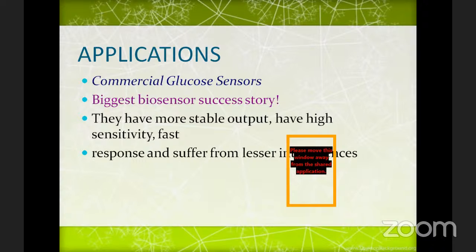The commercial application of biosensors that is very popularly used is the glucose biosensor. There is a huge success story behind this glucose biosensor. Since the glucose biosensor is being used in the market by a large number of people, the demand for biosensor development, especially glucose biosensors, is growing every year. These biosensors are highly stable and give a highly sensitive and reliable output, with low interference.